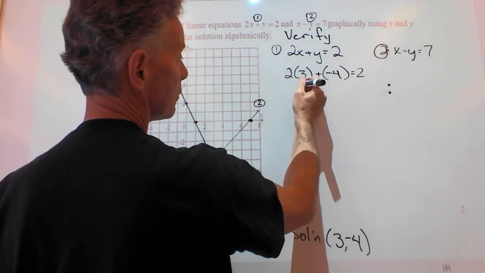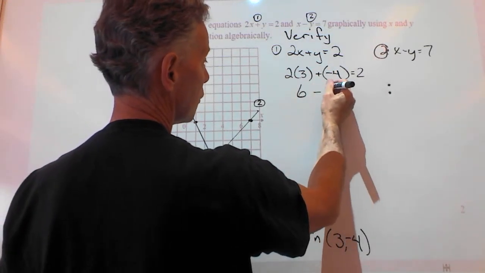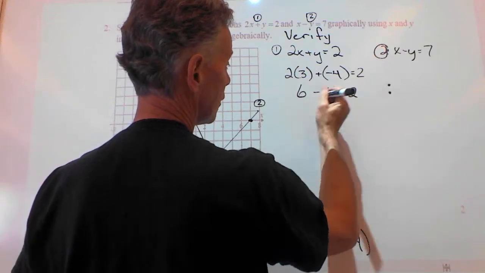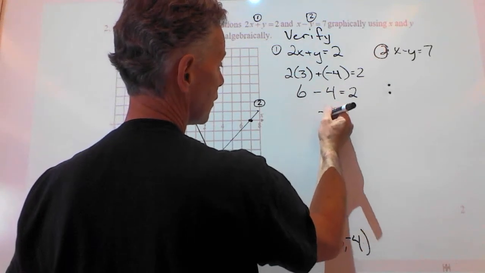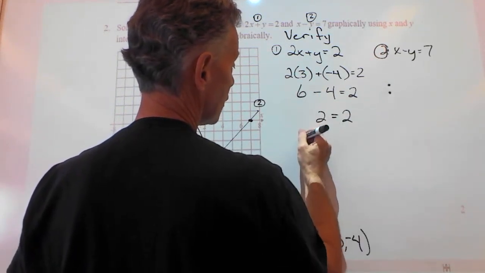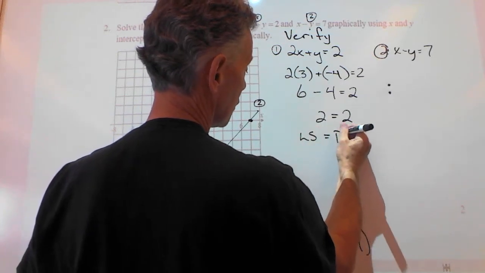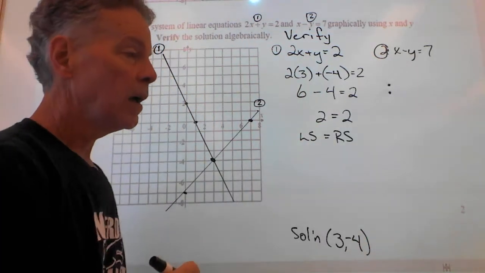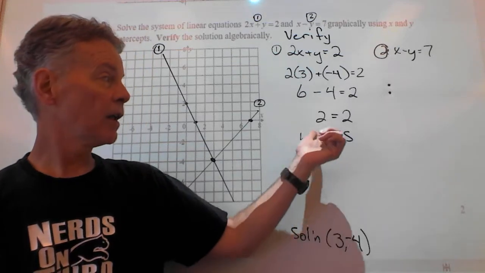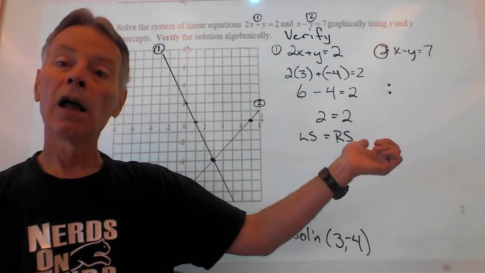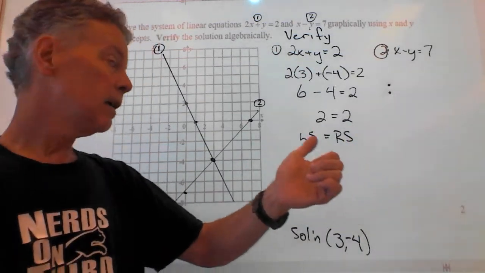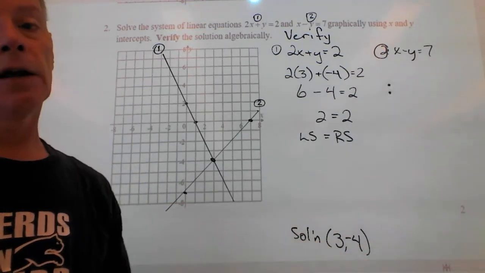That gives us 2 times 3 is 6, plus -4 is -4, equals 2. And 6 minus 4 does equal 2. So we can say the left side equals the right side. Okay? If the left side equals the right side, then you're probably getting the right answer.